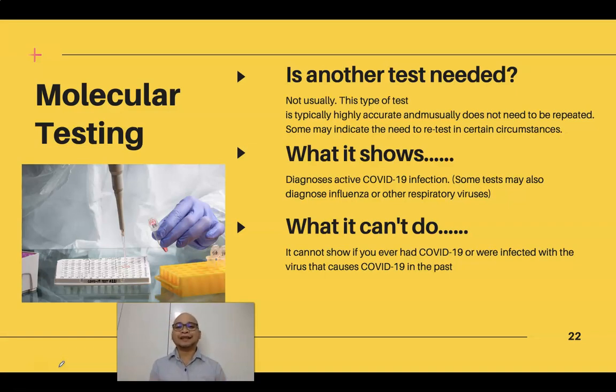But in the context of COVID-19 testing, if you are positive with RT-PCR, it does indicate active COVID-19 infection, therefore you are contagious. What can't it do? Molecular testing also has its limitation. It cannot show if you ever had COVID-19 or were infected with the virus that causes COVID-19 in the past. So it cannot show past infection.